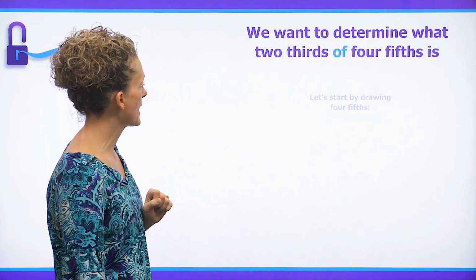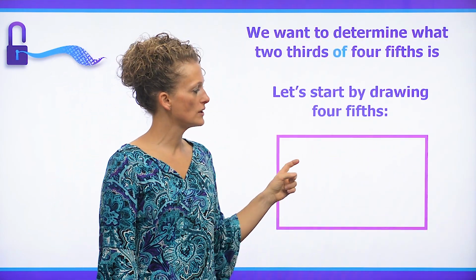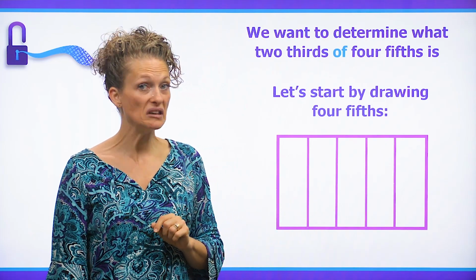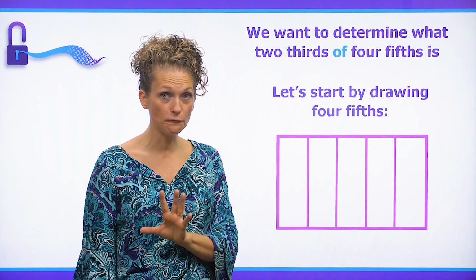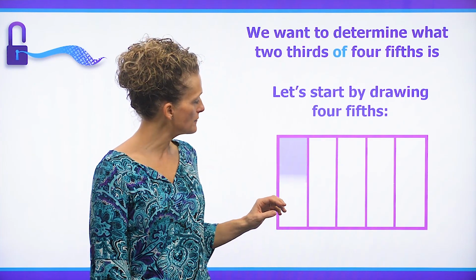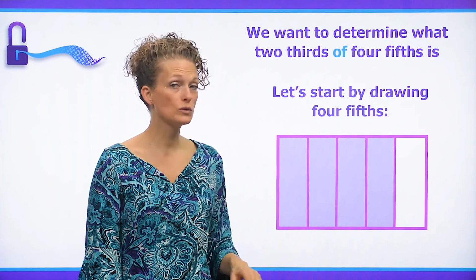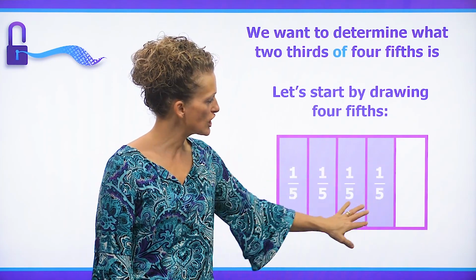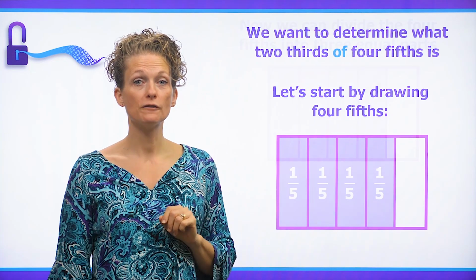So let's have a look at that. All right, so we're going to start by, this is our whole, and we're going to divide it into 5 equal pieces, because we're talking about 4/5. So each piece equals 1/5, and we have 4 of them. So this shaded portion represents our 4/5.